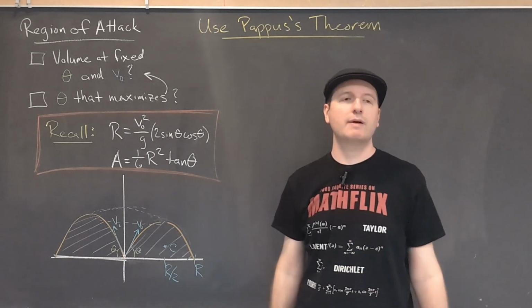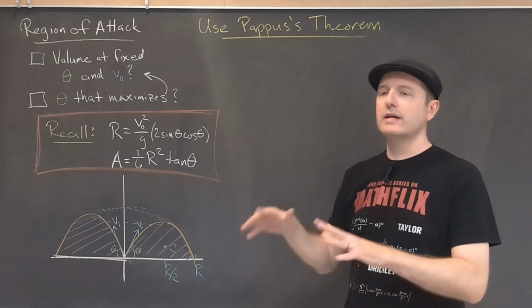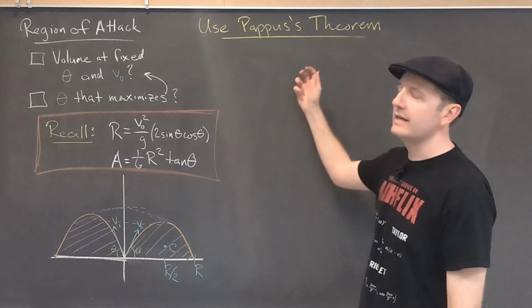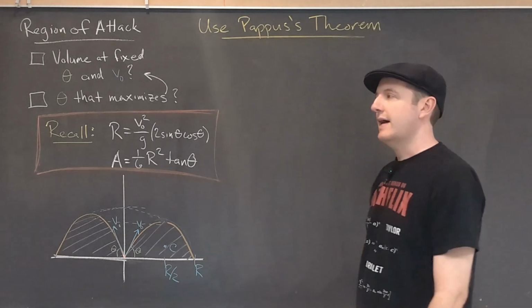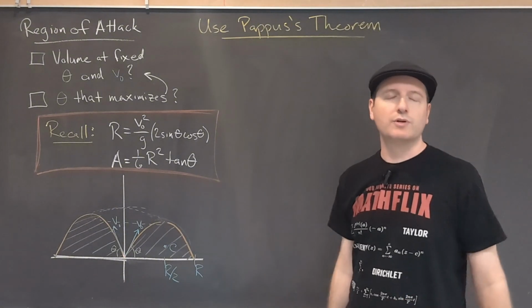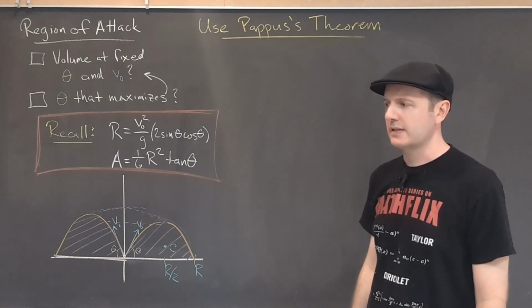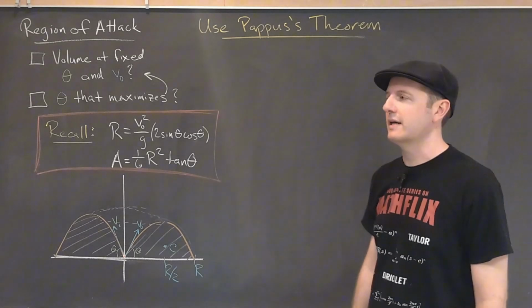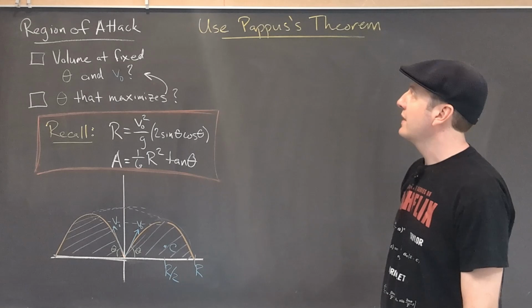Pappus had two geometrical theorems related to areas and volumes of surfaces of revolution. I'm going to be using his volume theorem. And this is sometimes called the Pappus-Guldinus theorem because it was elaborated on with a little more detail in the 1400s, 1500s later by an Italian scientist.